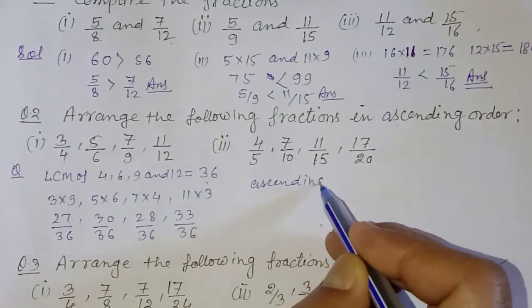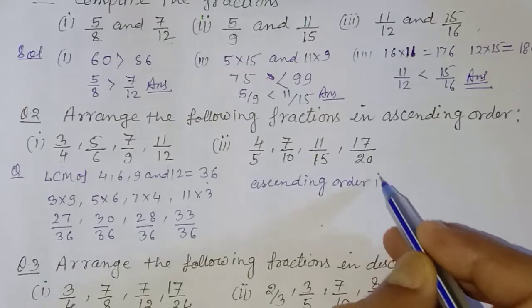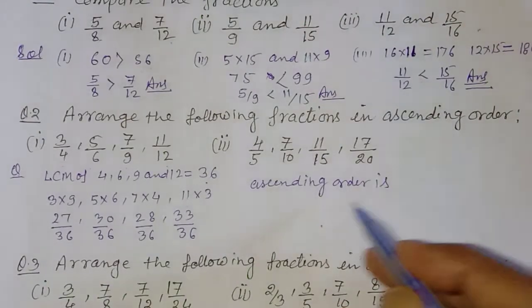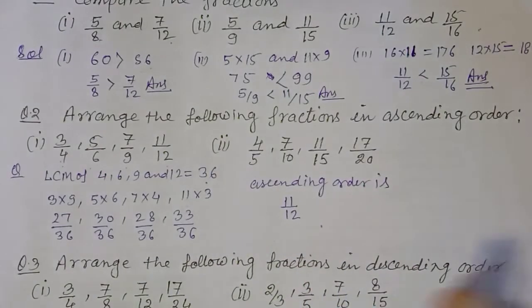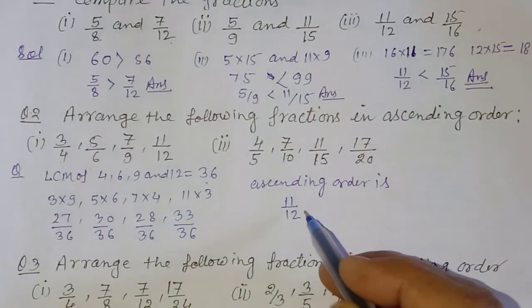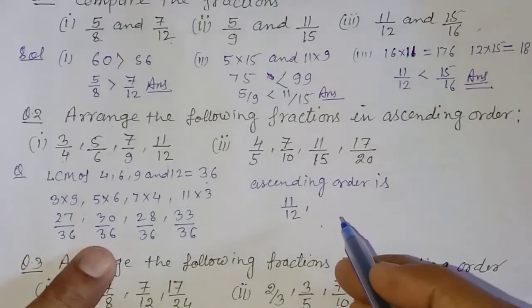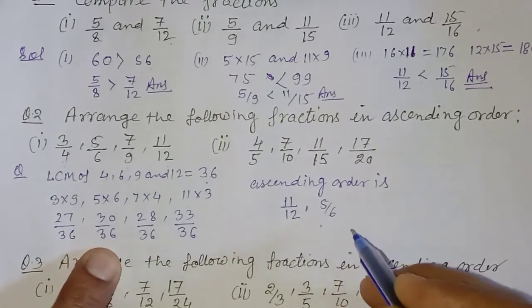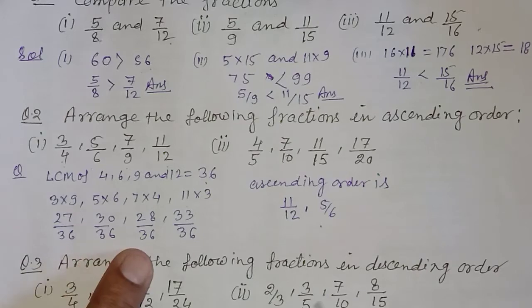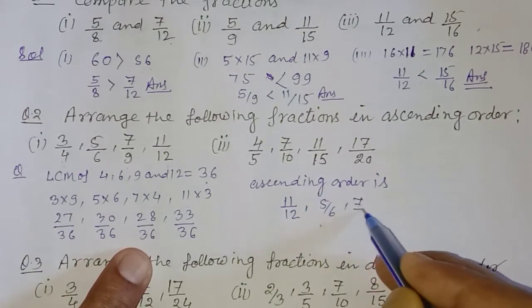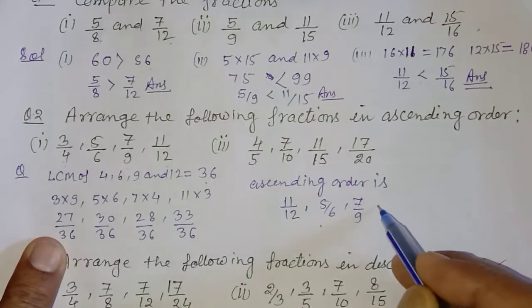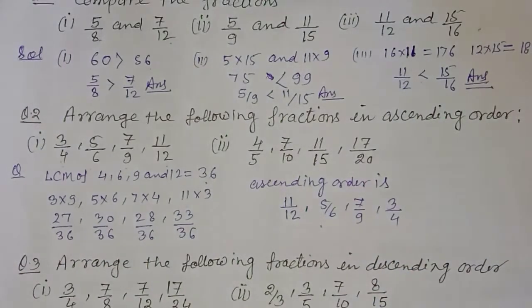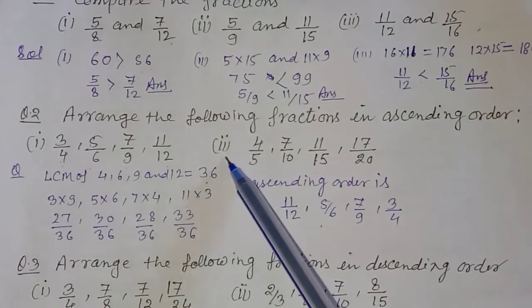So for ascending order, that is, larger to smaller students, we have to write 11 upon 12, and now 5 upon 6, and now 7 upon 9 and 3 upon 4. So students, you can solve the second yourself.